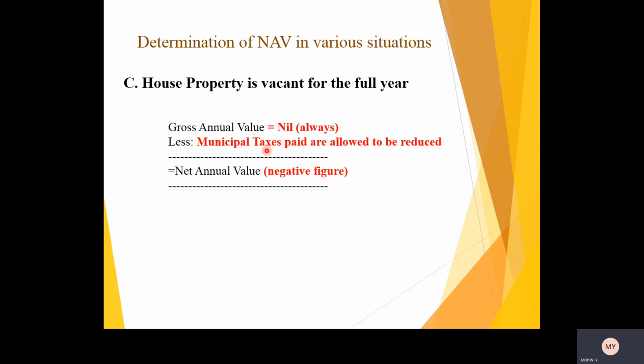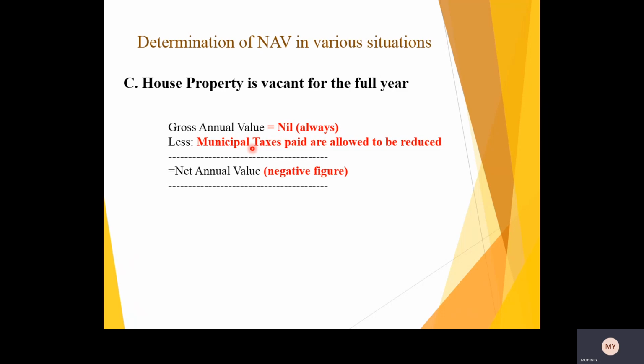For example, in case you have paid municipal taxes of rupees 25,000, in this case 25,000 are allowed to be reduced. It means your net annual value will be negative 25,000. Getting my point? Gross annual value is nil, it is zero, but in case of vacant for the entire year, municipal taxes are allowed to be reduced.